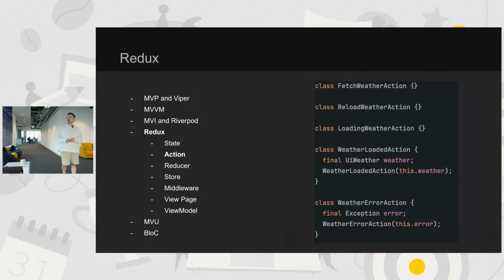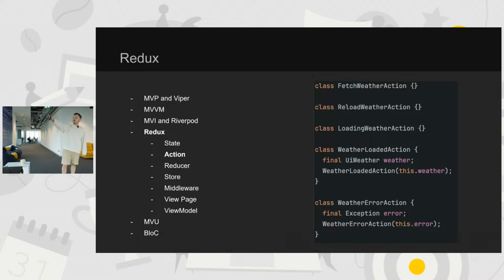Here is the action. We have a couple of actions. It is also highly important to emphasize that these actions are used from the view as well as from other components. I will show you a little bit later.